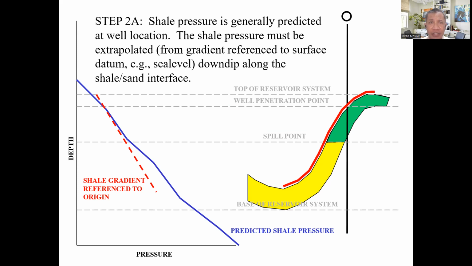This gradient is used to predict the pressure distribution along the shale-sand interface by extrapolating it from the well location to other areas of interest. It helps in understanding the pressure variation within the reservoir system and is an important factor for drilling and reservoir engineering purposes.